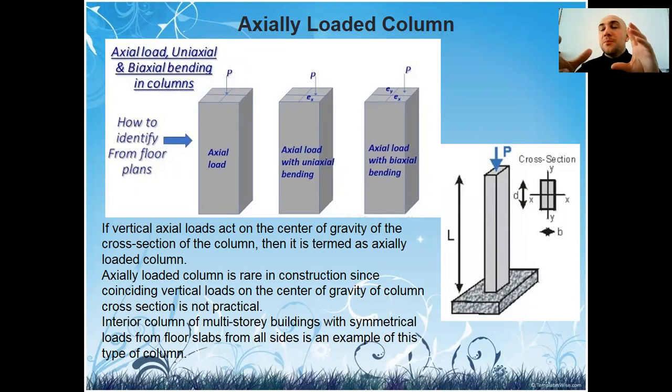On the edge columns of a building, uniaxial bending occurs, and on the corner columns of a building, biaxial bending is acting on the column.